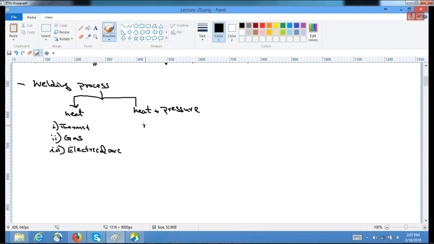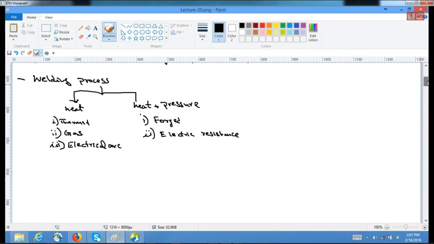Whereas in heat plus pressure, we have forge welding and electric resistance welding. These are the kinds of things we have seen.